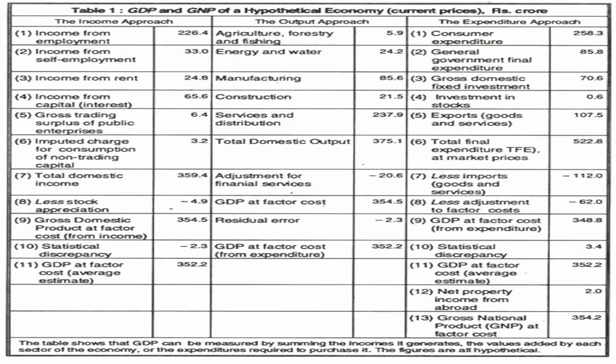Here we have to take into consideration agriculture, forestry and fishery, energy and water, manufacturing, construction, service and distribution, total domestic product, adjustment for financial services, GDP at factor cost, residual error, GDP at factor cost from expenditure. So all these things would be taken into consideration when you measure national income by using the product method.